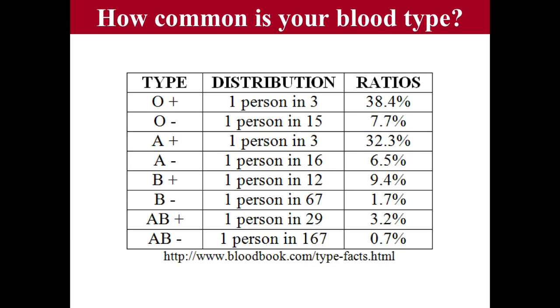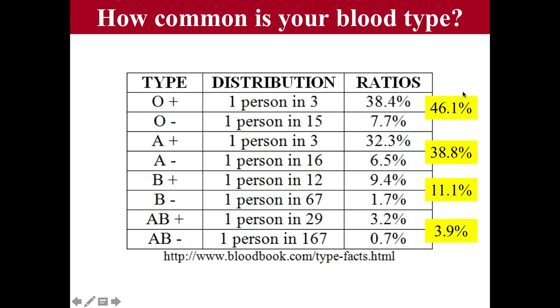So how common are these different blood types? Well, we have the 4 combinations, O, AB, A, and B. There's also another factor that is going to play a role, the positive and the negative. But as you can see, the most common blood type with about 46% is type O blood.